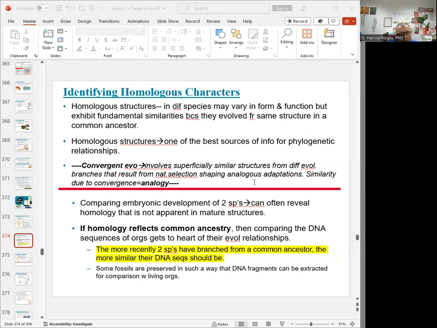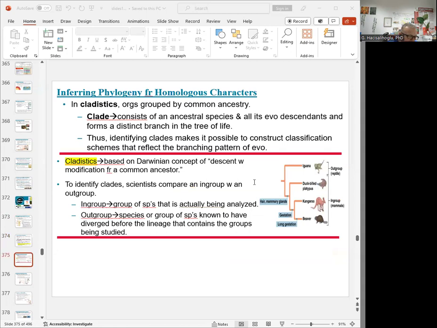Please understand the difference. This is convergent, but divergent is the one we can use mostly in cladistics, in the trees that we build.